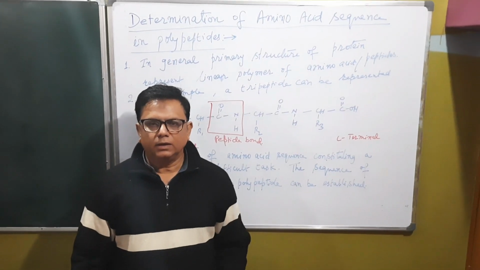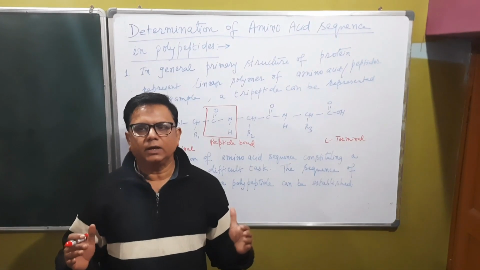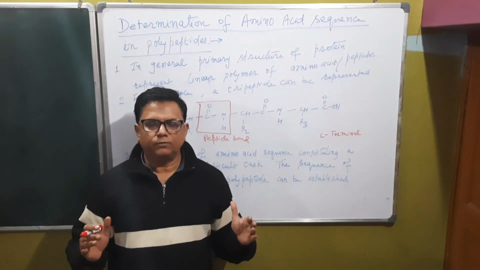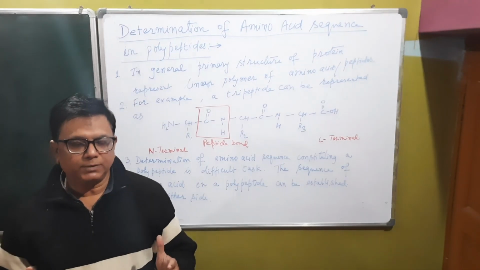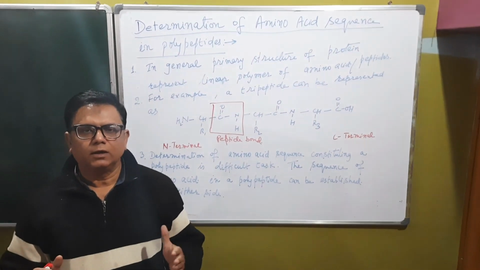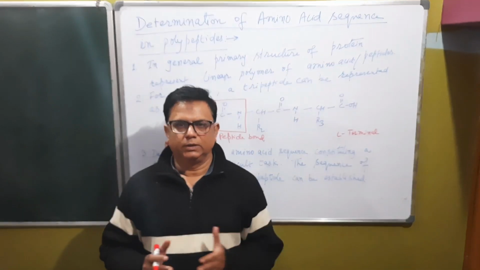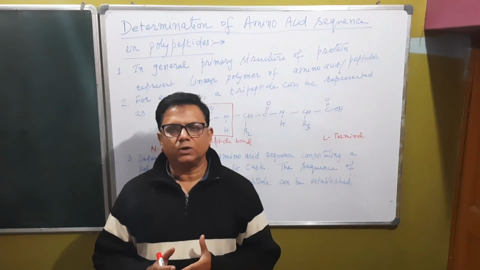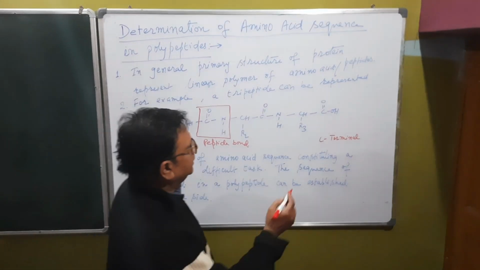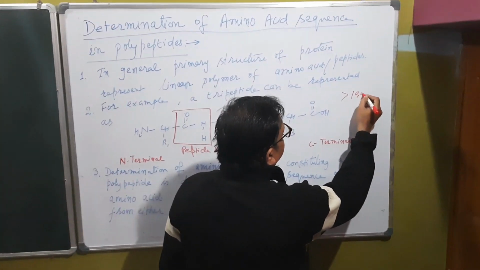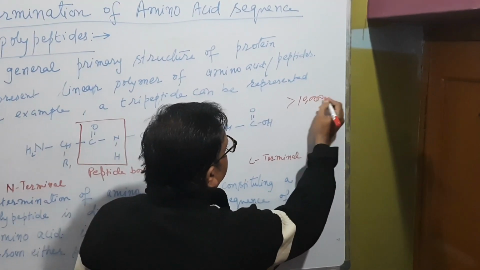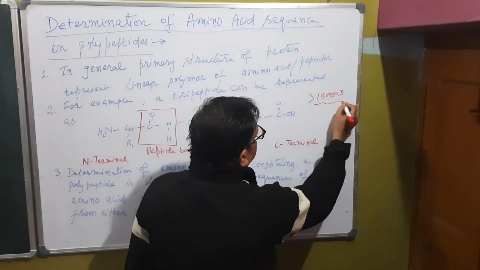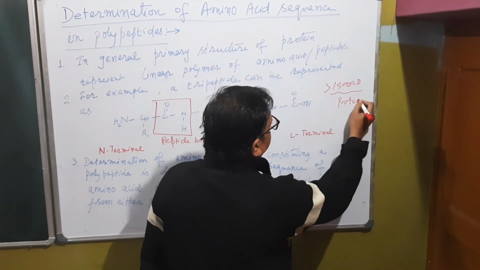And if you are talking about a linear polymer of amino acids, then obviously you say that it is a polypeptide, and you also call it the primary structure of protein. And you also know that when you talk about polypeptide, the molecular weight should not be greater than 10,000 Dalton, and above 10,000 Dalton, the polypeptide is protein.